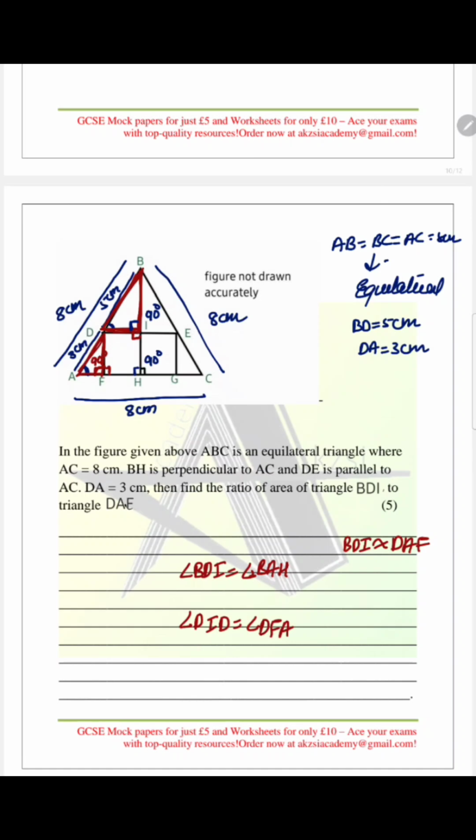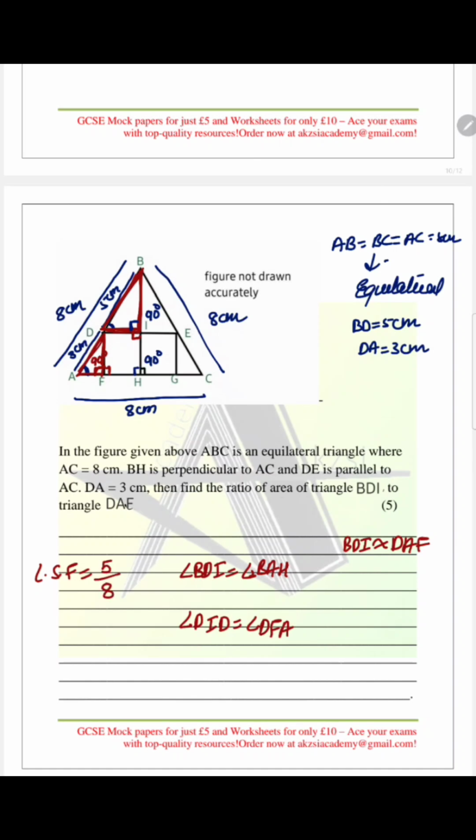If these two are similar, their corresponding sides will bear a common ratio. So the length scale factor will be the ratio of their corresponding sides, which is 5/8.